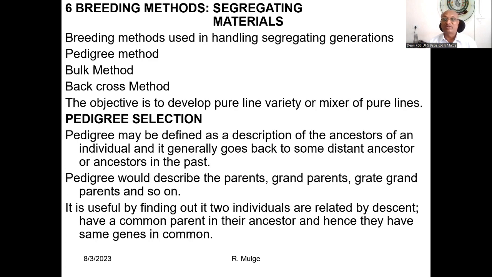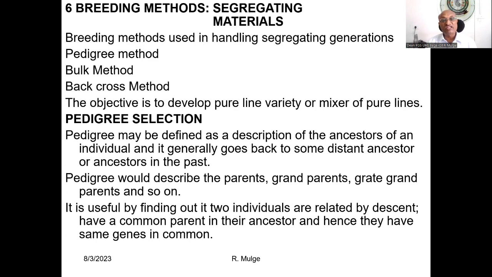So you can bring out how the present line is derived, from which parent, which parents were involved in previous generations. Like that, you can bring out the relationship or trace back its ancestors.